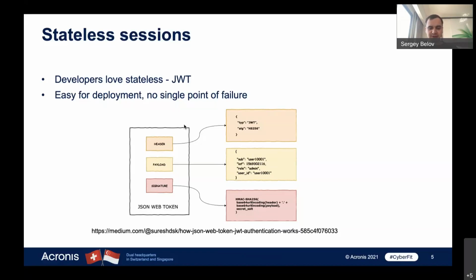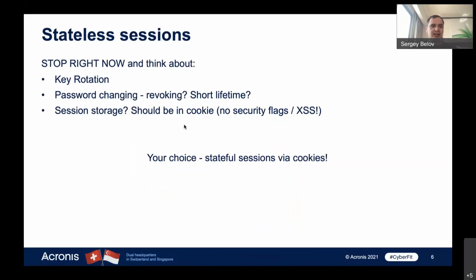But when developers implement stateless sessions, they usually don't think about key rotation. We use some key to sign the session, and this key could be leaked somehow. If your project is old and has been working for a year, there can be different mistakes, like committing this key to GitHub, or old employees who already left the company having had access to this key in the past.